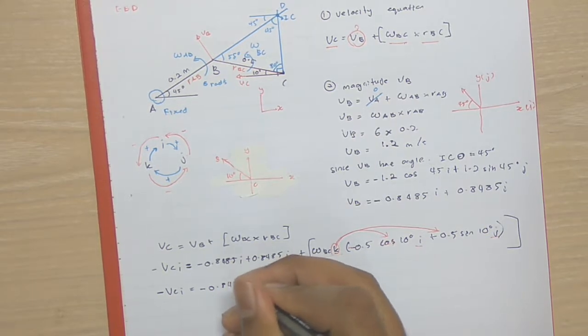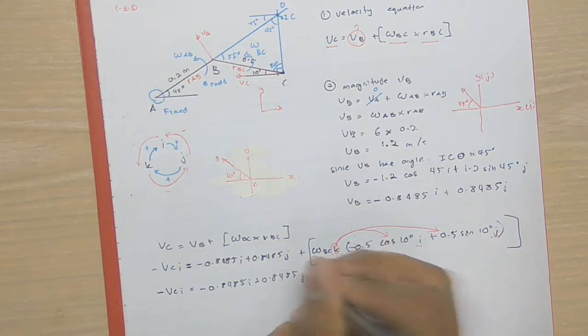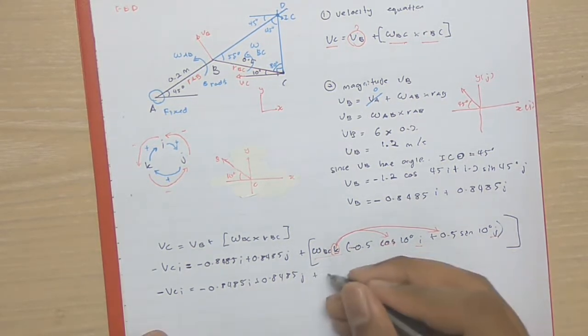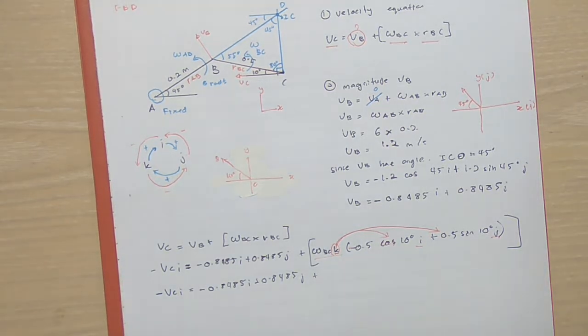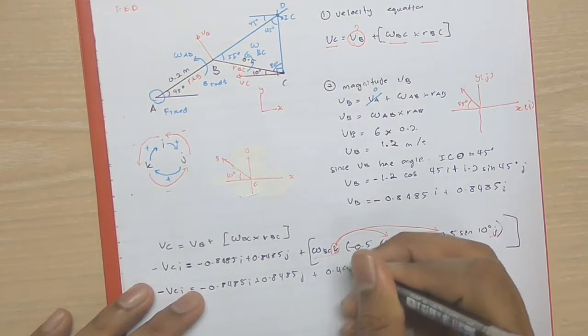Negative 0.8485 I plus 0.8485 J plus. So this one is we know that 0.5 cos 10 is 0.4924.